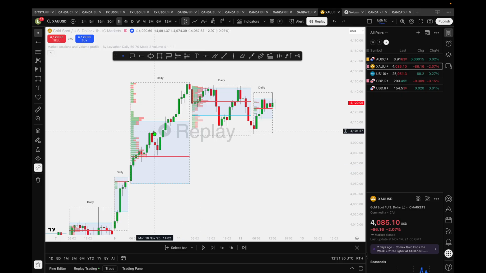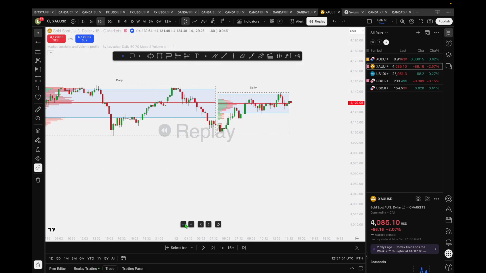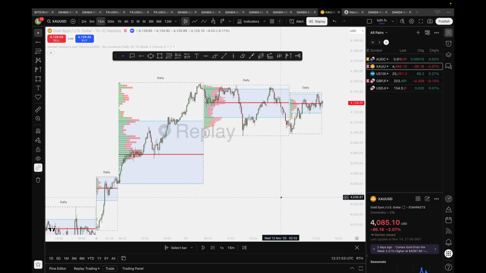And within that daily base price action, we get to see the volume area high, volume area low, and point of control as well. So this is doing this for me automatically. Immediately you apply the indicator, you don't need to do this. And I like using this for intraday scalping on the charts, because I just jump down to my 15 minutes and immediately I know where my point of control is, I know where my volume area high is, I know where all my important area levels are. So I just go there, mark my levels, and start looking for opportunities on the chart.